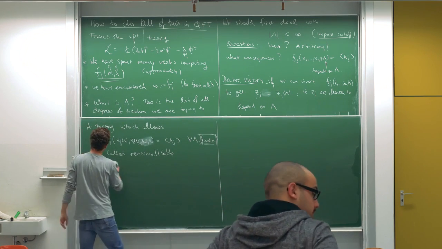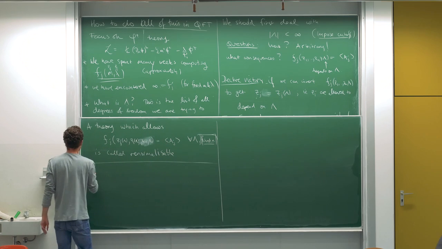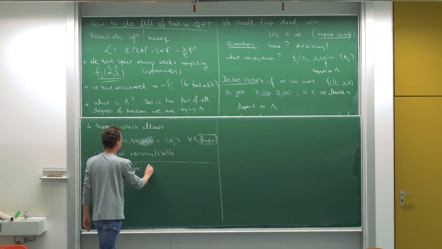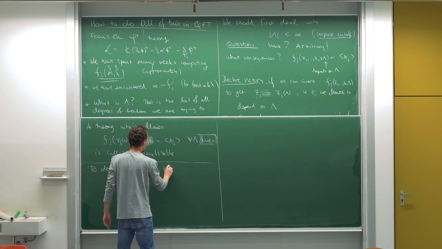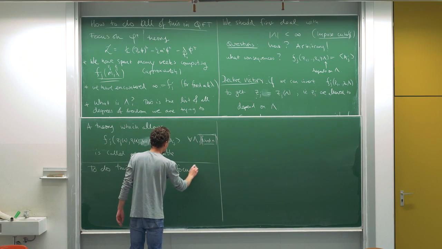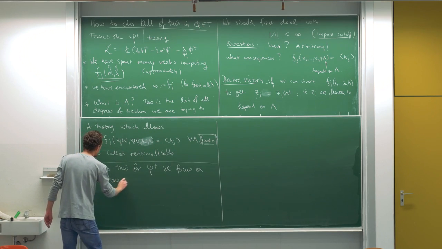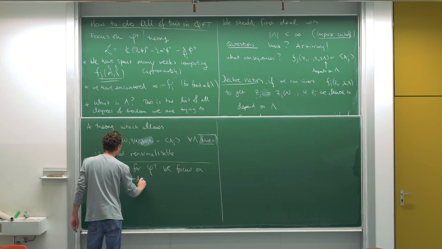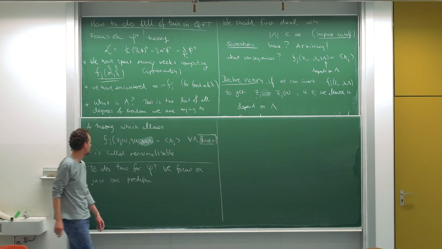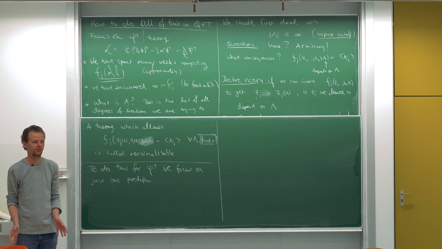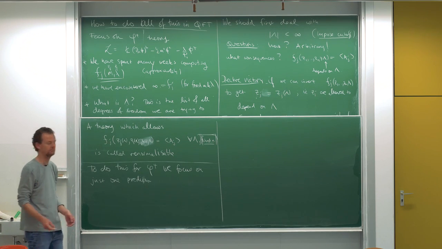Now, to do this all in QFT, for phi-4 theory, we usually focus on just one prediction, namely the scattering amplitude.